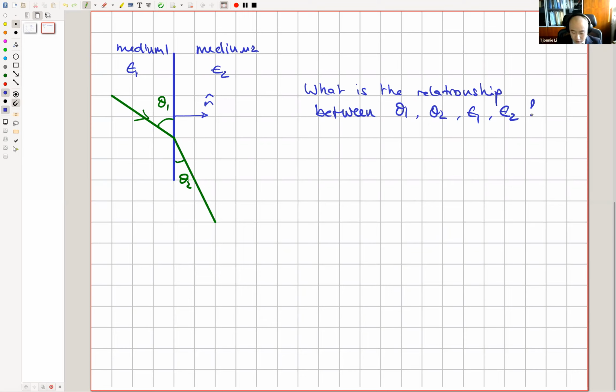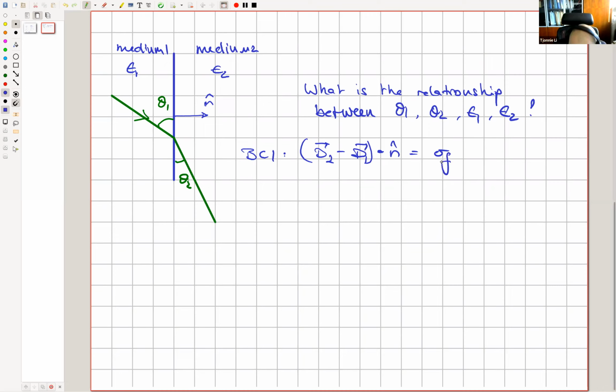Okay, very good. So we can write this in vector form, of course. We can write this as boundary condition 1, and that is that D2 minus D1 dotted with n hat equals sigma F.